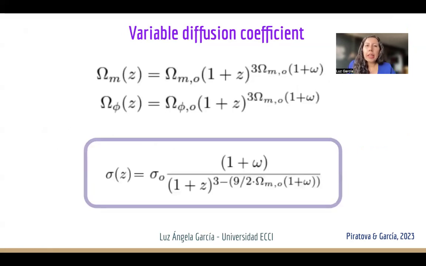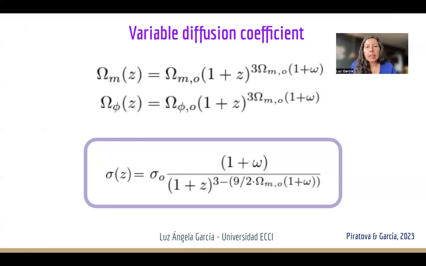But more interestingly, we can think about the diffusion coefficient as a variable in time or in redshift. If we consider that, the differential equation has these two solutions that we see on the upper side of the slide.